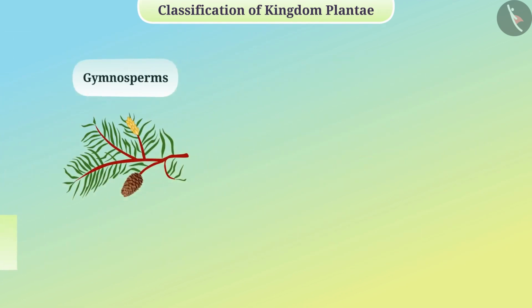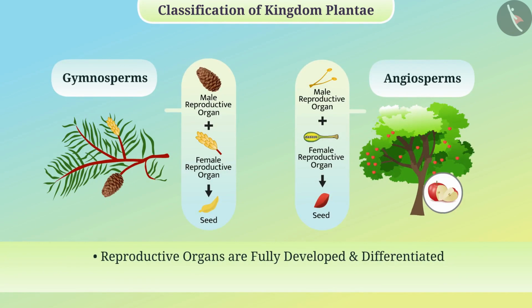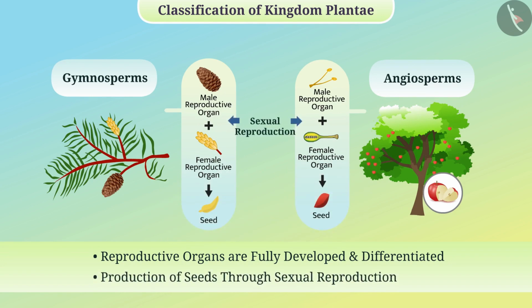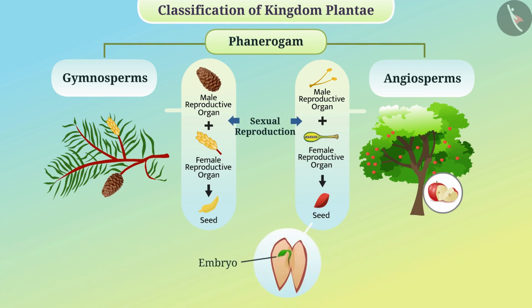But in gymnosperms and angiosperms, the reproductive organs are fully developed and differentiated. They produce seeds through sexual reproduction. Hence, these groups are called phanerogams. The seeds consist of embryo along with the stored food. When the embryo develops into a new organism, it gets nutrition from the stored food.